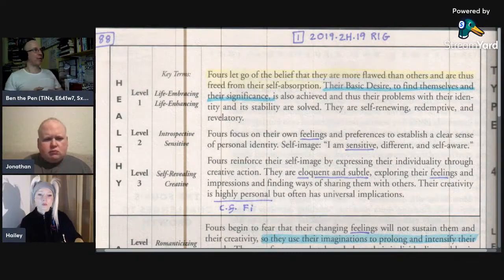The people that tend to have the 4 fixation tend to be particularly Jungian types, and it's pretty much NF or ISFP. So is that fair, Jonathan? Four people tend to lead with four tend to be those. Yeah.